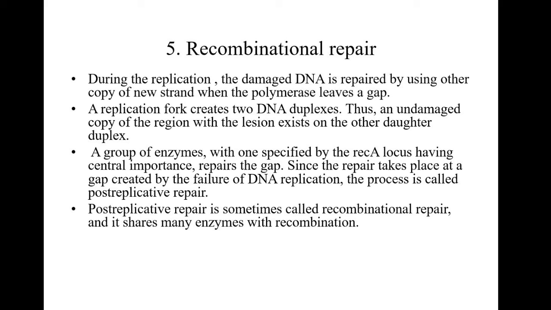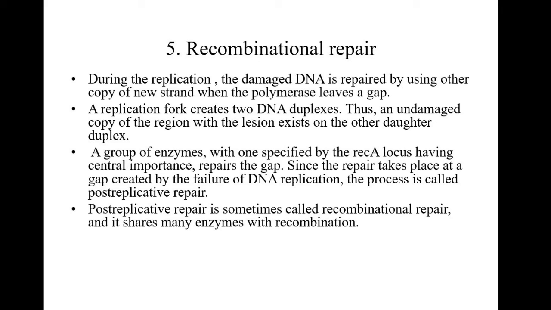At the replication fork, it creates 2 DNA duplexes. The undamaged copy of a region with the lesion exists on the other daughter duplex. The group of enzymes specified by the REC-A locus is important because it repairs the gaps.